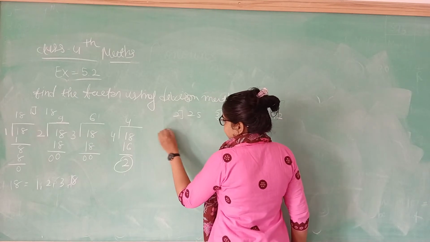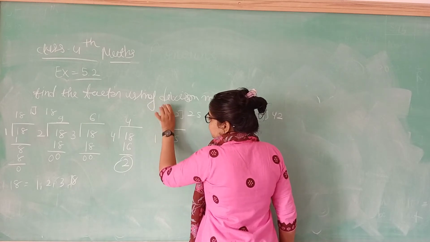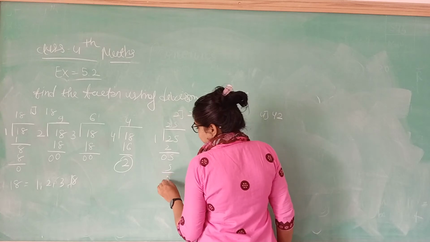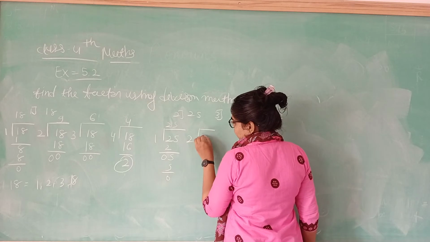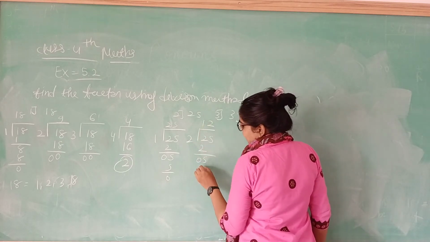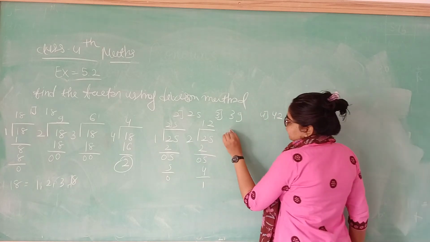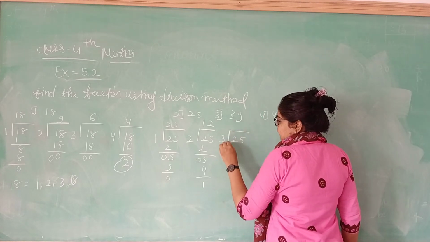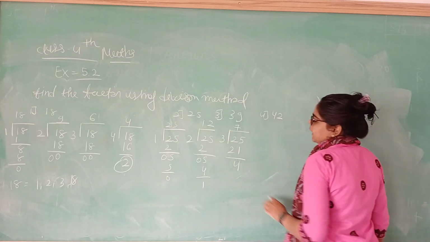Then 25. Okay, 25 divided by 1: 1 2 is 2, remainder 0, then 1 5 is 5. So 1 is a factor of 25. Then 2: 2 1s are 2, 0, 5, 2 2s are 4. So 2 is not a factor of 25. Then 3: 3 7s are 21, so a remainder of 4 is there.